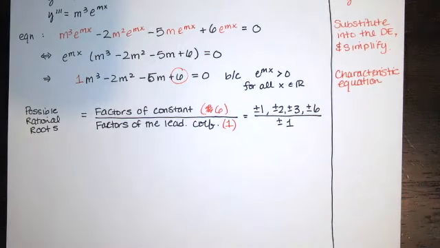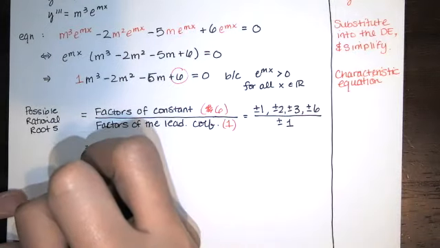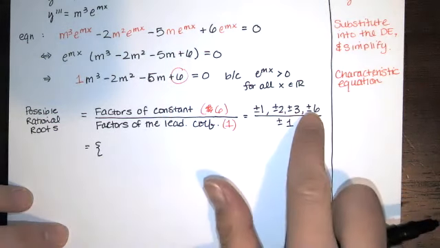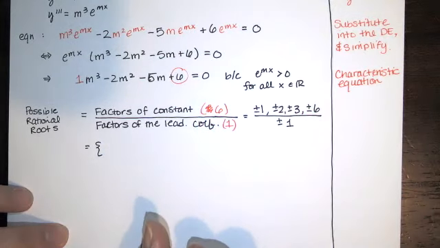Now this looks like a fraction and it's got lists in it. It's a little strange looking, but this is just our shorthand. The possible rational roots of this third degree polynomial are these 8 numbers in what looks like the numerator of some kind of fraction expression.